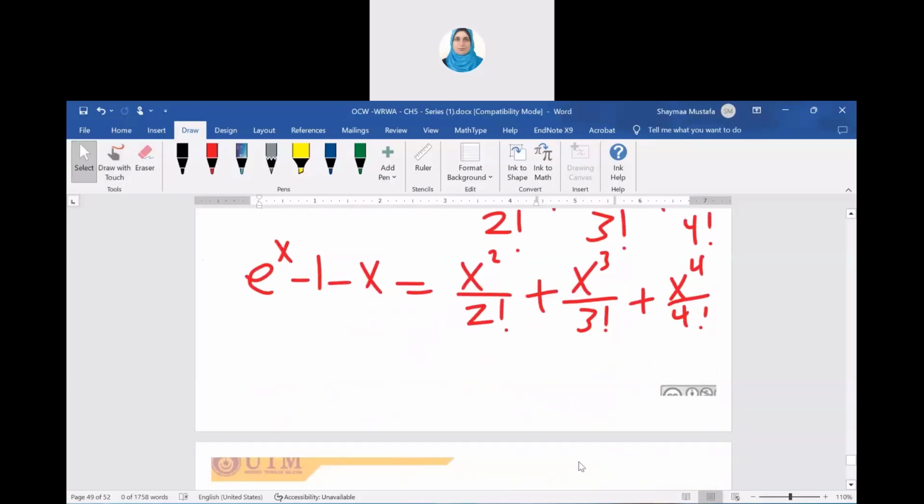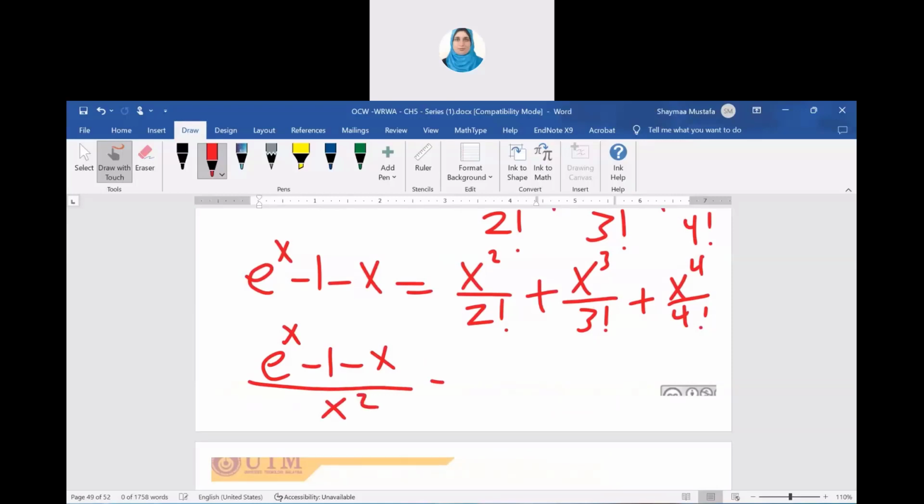Now dividing by x squared, we get 1 over 2 factorial plus x over 3 factorial plus x squared over 4 factorial.